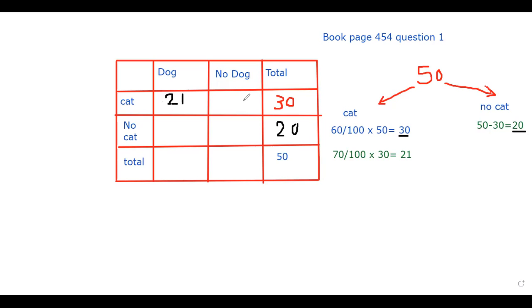So how many students have a cat but don't have a dog? We will say 30 minus 21, right? It will be 9.